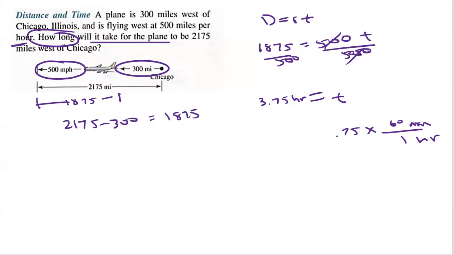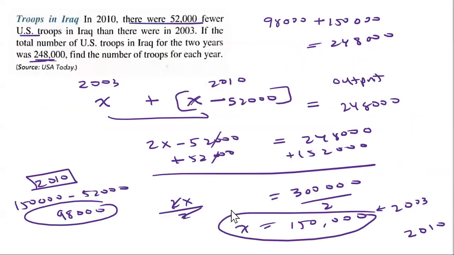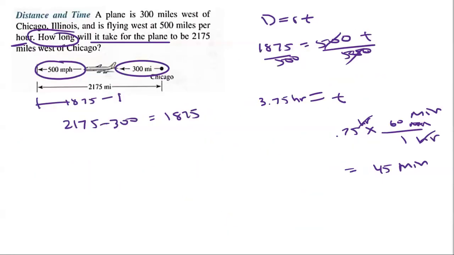Because this is minutes here, and this is hour. So the hours cancel, leaving us with 45 minutes. Okay. So in this case, it would take this plane 3 hours and 45 minutes for the plane to get to west of Chicago.